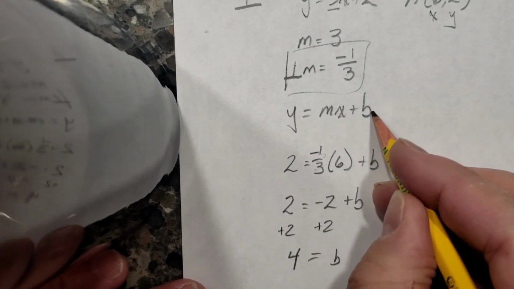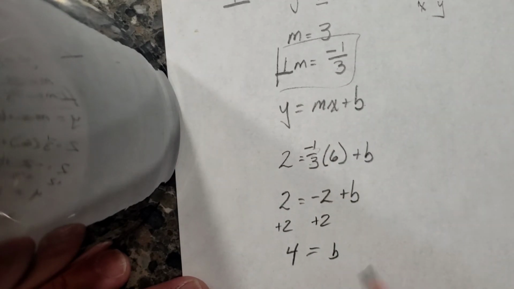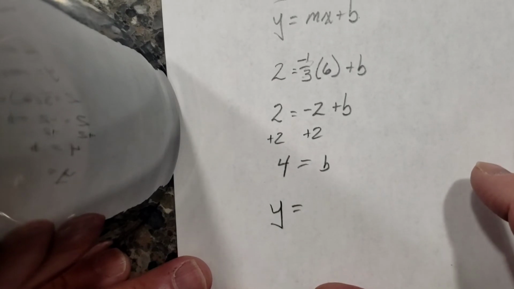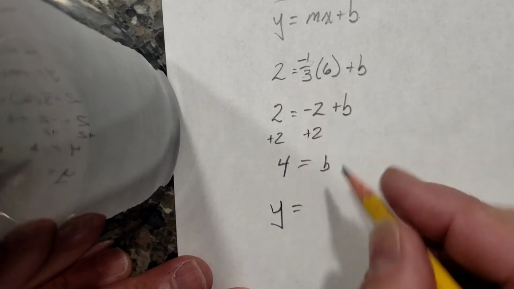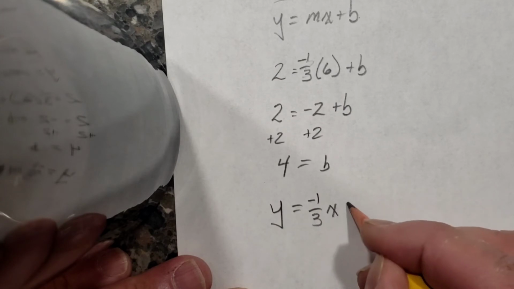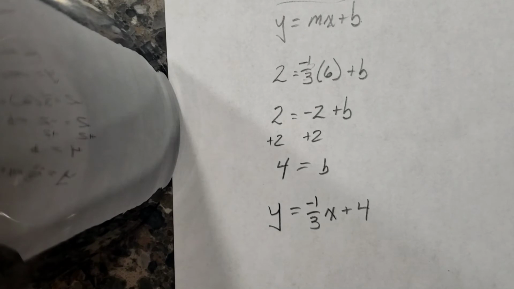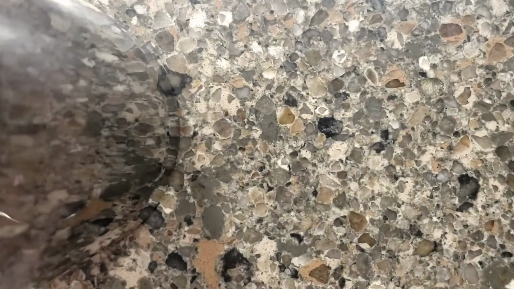Now we come back to our y equals mx plus b form, and it's y equals negative 1/3 x plus 4, and that's slide 4. So now we're going to move on to slide 5, a few more. Some of these are a little more involved as we go forward.